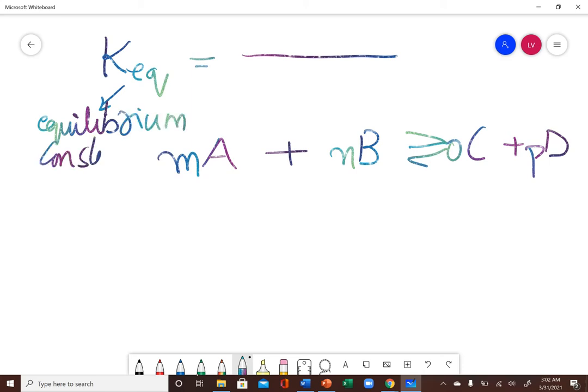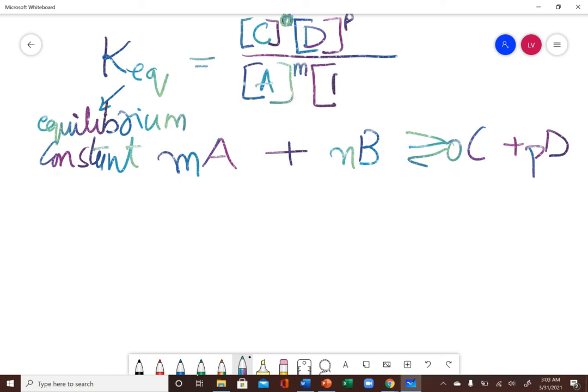The equilibrium constant is measured as the concentration of my products, which is C raised to o times D raised to p, that is, the concentration of my products raised to their coefficients from the balanced equation, over the concentration of my reactants raised to their coefficients from the balanced equation.